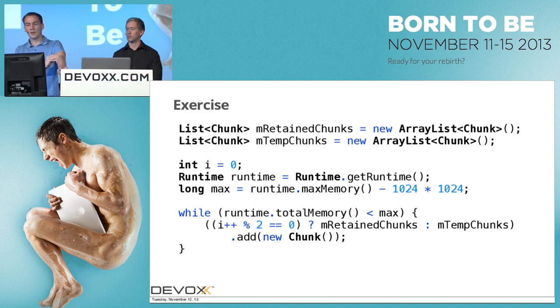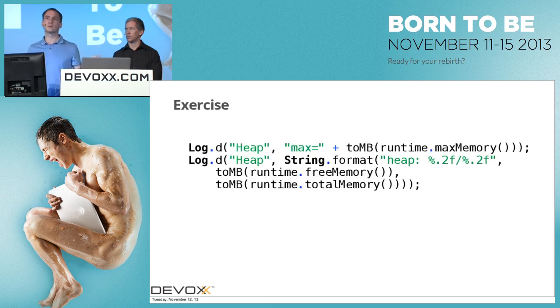What we do is allocate a new chunk, basically 1 meg of RAM at a time, and we do that until the heap is completely full, until we're almost to the point of getting an out-of-memory error. And every other time, we put the chunk in one of the lists, and the other time we put it in the second list. So we have 2 lists that contain about the same number of chunks of 1 megabyte of RAM, and our heap is completely full. We've allocated about 190 megs of RAM.